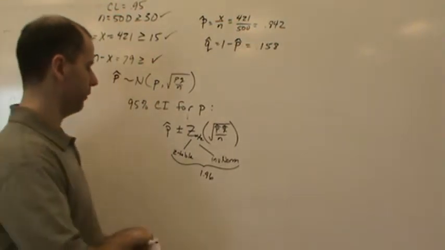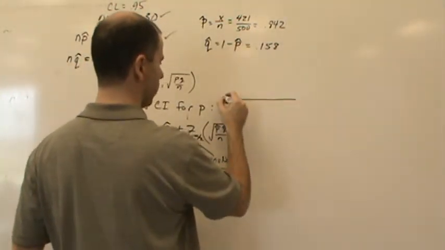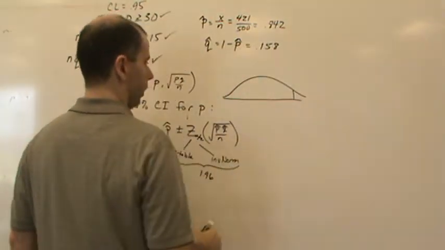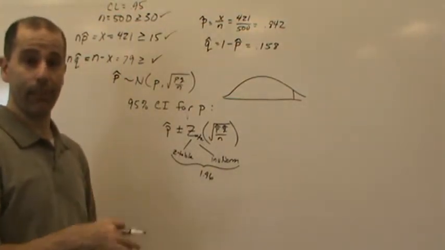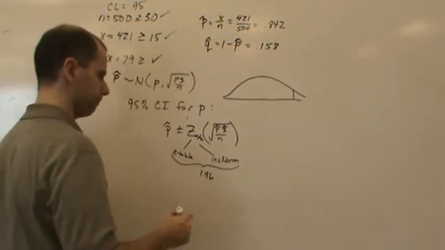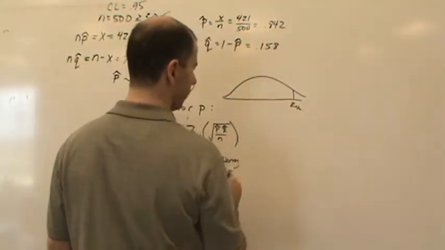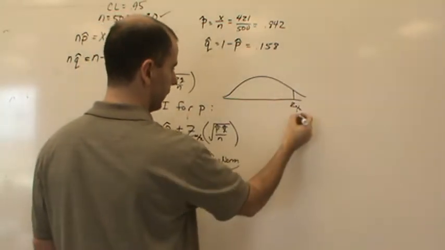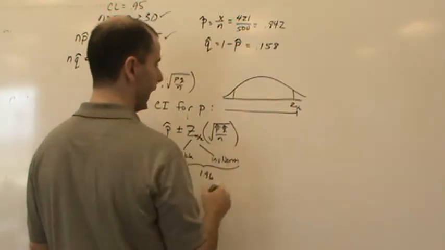Okay? So now, make sure you know how to use the table and inverse norm. Remember, for inverse norm or the z-table, you have to make sure you use the correct area to the left, right? So in this case, I always show the area to the left of the positive one, okay? So z alpha divided by 2. And so here's the critical value. And the area to the left is going to be the middle area, right?